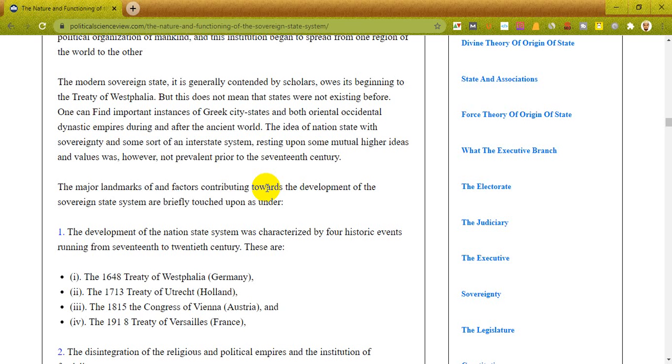The major landmarks of and factors contributing towards the development of the sovereign state system are briefly touched upon as under. 1. The development of the nation-state system was characterized by 4 historic events running from 17th to 20th century.